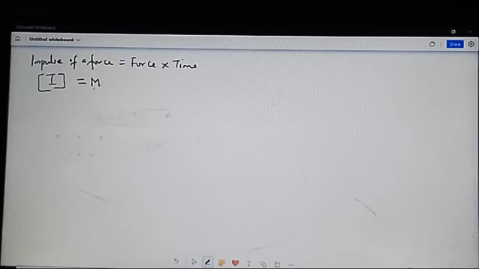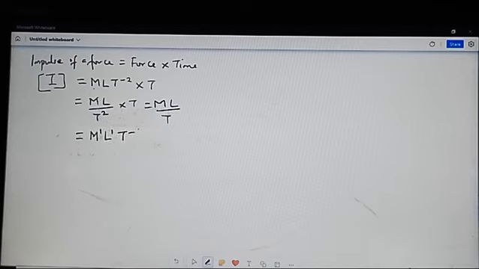Dimension of force is m l raised to power 1 t raised to power minus 2, and then times time. So you can express this as m l over t squared times time. This gives us m l over t. And if that is the case, then impulse of a force has dimension of m raised to power 1, l raised to power 1, t raised to power minus 1.